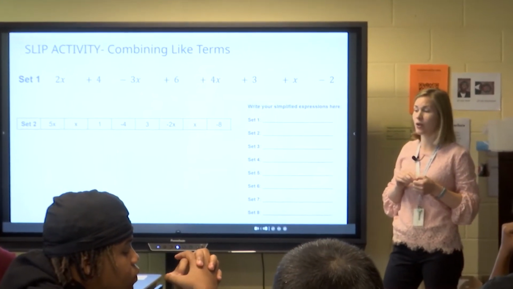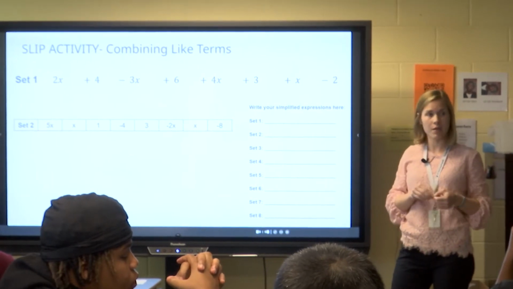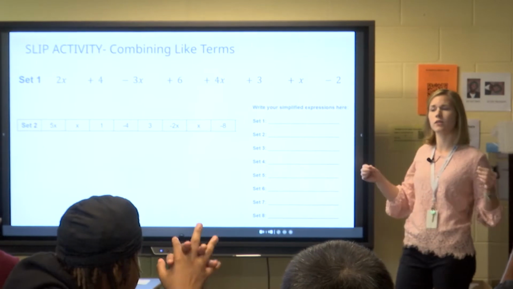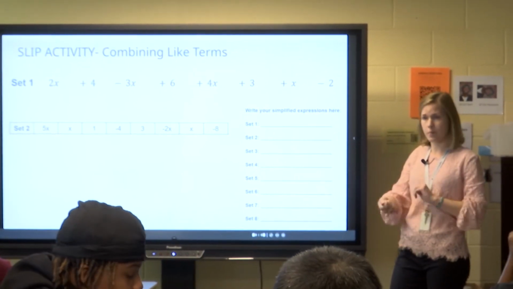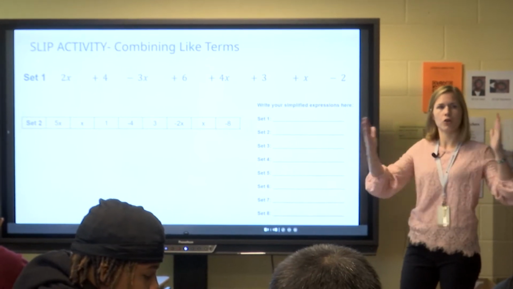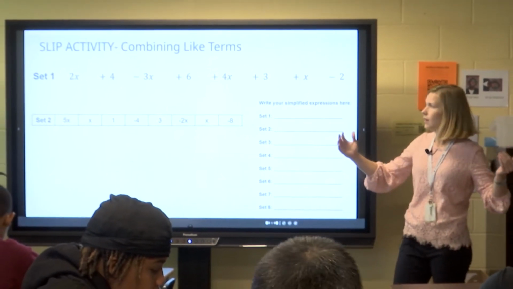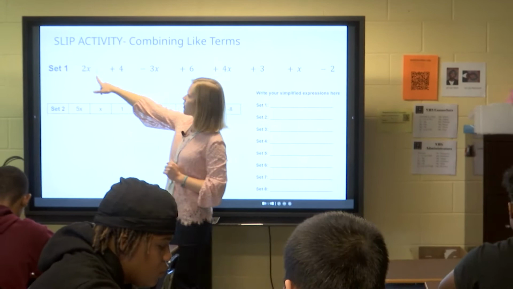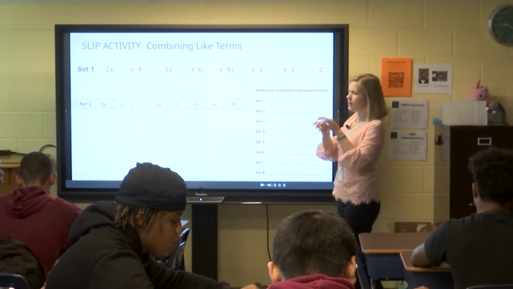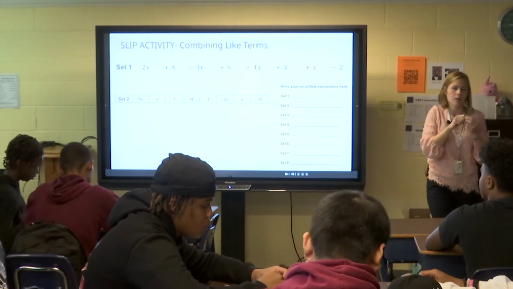That's what you're going to do. Take your slip of paper, even if you're on set 2 or set 3, and rip it in the spots where the terms are separated. So rip the paper, 2x plus 4, all of those are going to be on different little slips of paper now.